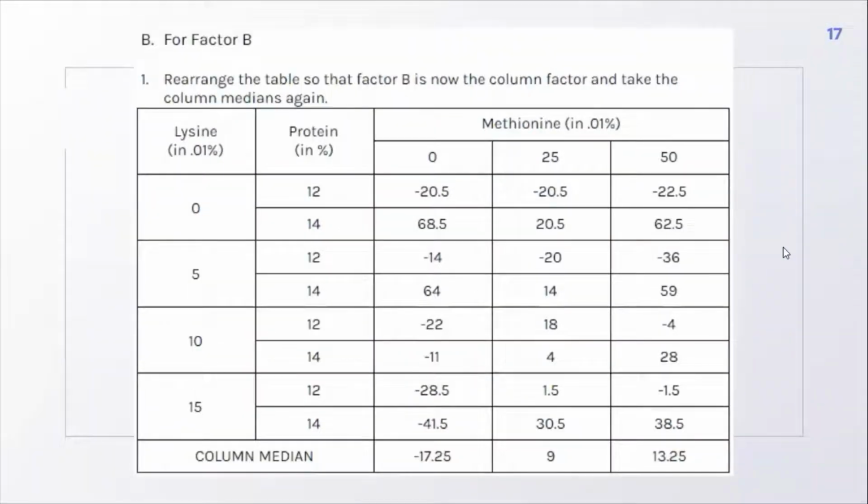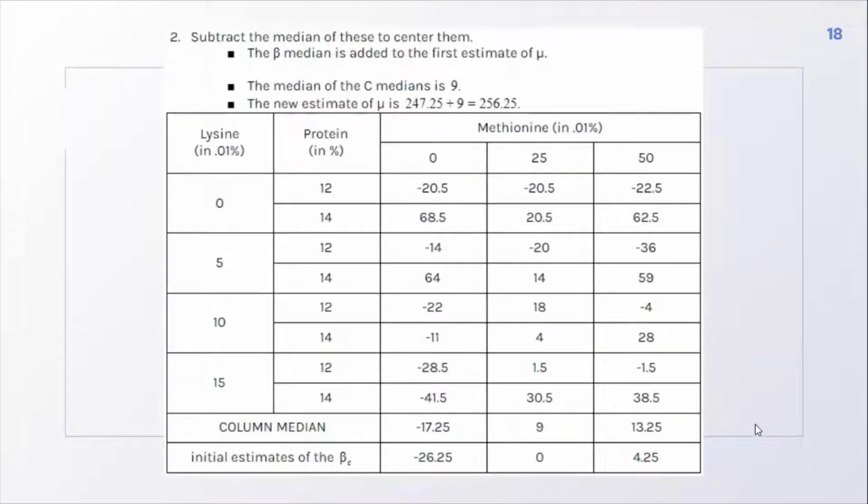The first step is to take the column medians. But before that, we have to rearrange the table so that factor B is now the column factor. This time, we will have 3 column medians since factor B has 3 levels. The next step is to center these column medians by subtracting their median to each of them.